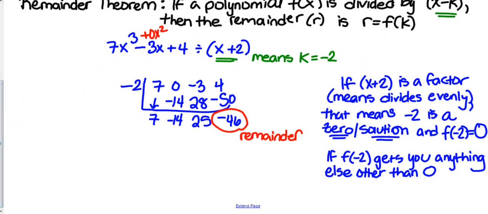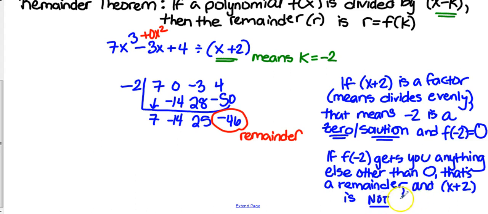If you get anything else other than 0, that's a remainder and x plus 2 is not a factor. So in this case, when we evaluated using synthetic negative 2, we got this remainder of negative 46. So that means that x plus 2 is not a factor of 7x cubed minus 3x plus 4.